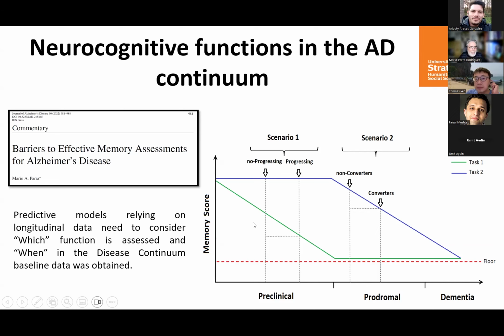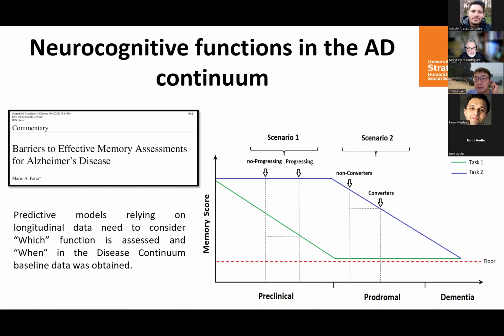We know that in the area of cognitive assessment, we are facing great challenges because we are lacking tools that are sensitive to the very early preclinical stages of these neurodegenerative diseases. And because prevention is the ultimate goal at the moment, we do need assessment tools that can help us identify the earliest potential neurocognitive deficits that can be associated with the risk of developing dementia in the future.